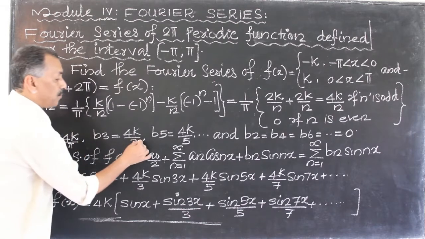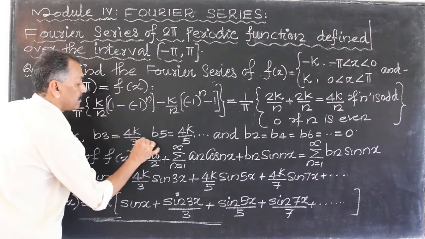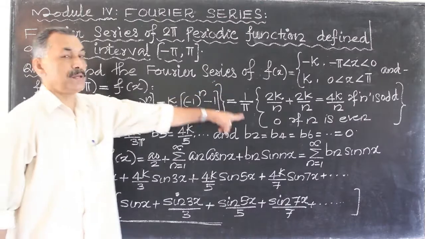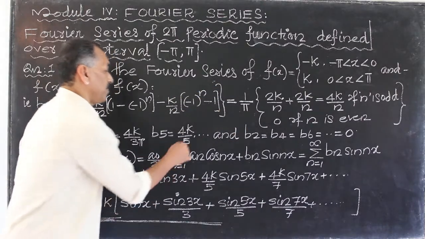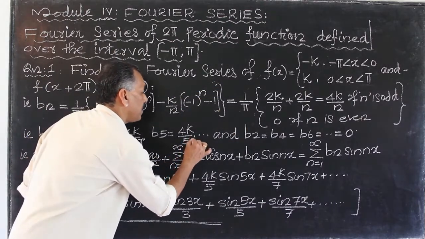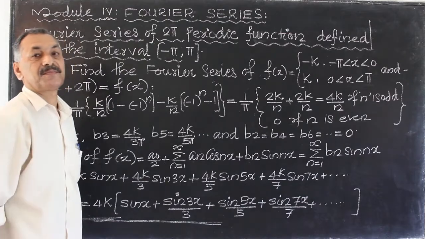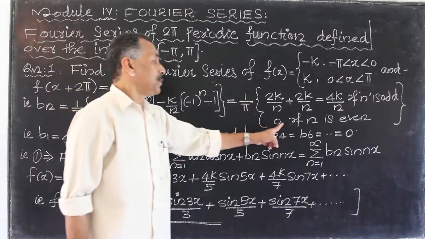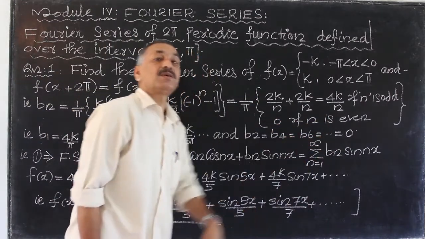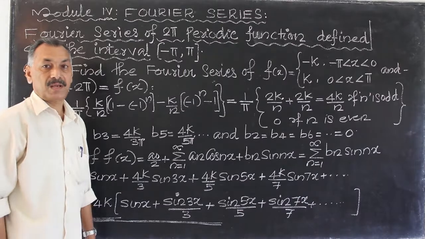B3 is equal to 4k divided by 3 pi. Similarly, B5 is equal to 4k divided by 5 pi, etc. And again, B2, B4, B6, etc. are equal to 0.